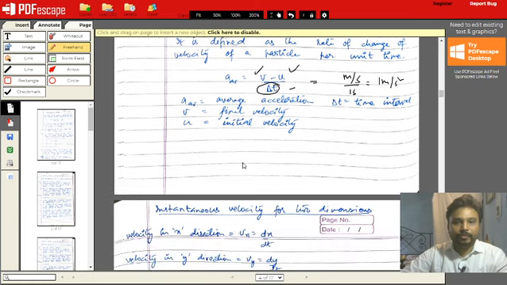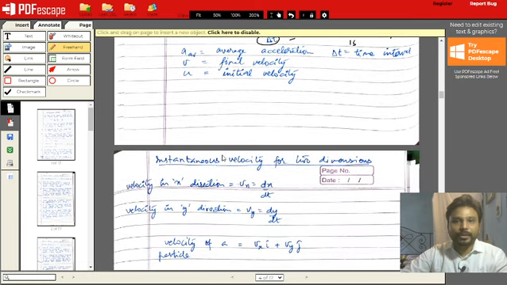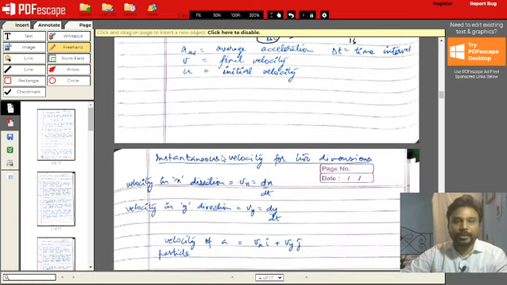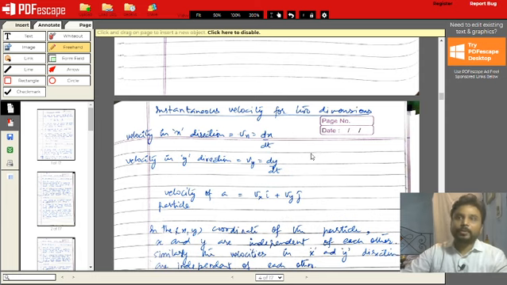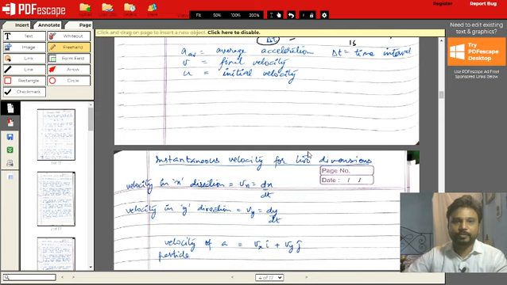Now let us come back to instantaneous velocity. When we were defining instantaneous velocity for a single dimension, we said that the velocity is dx by dt. Now take a simple example. Let's say you have a curved surface like this, and over that surface you have a block which is moving.